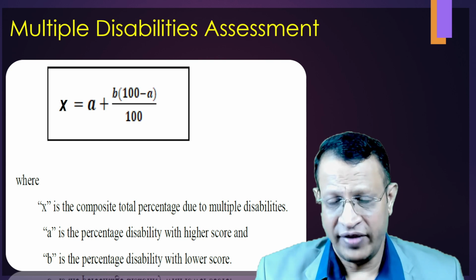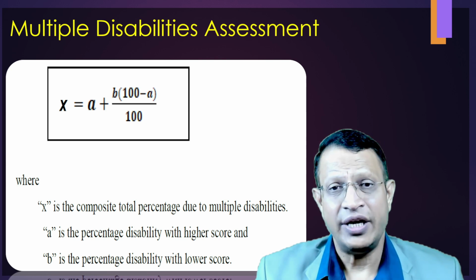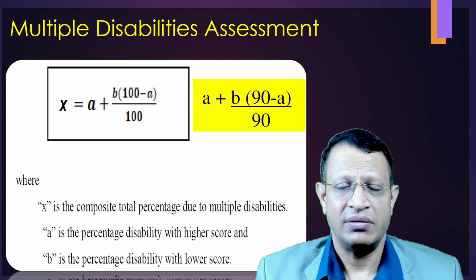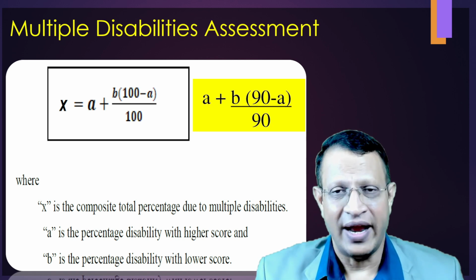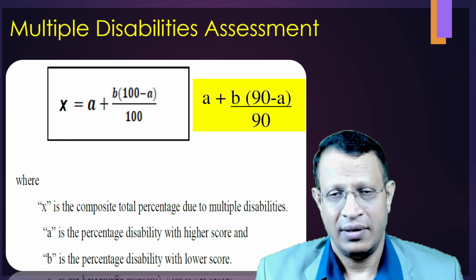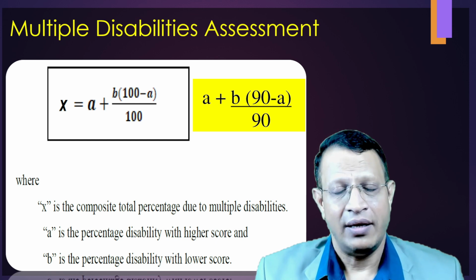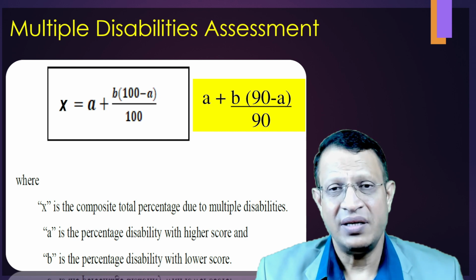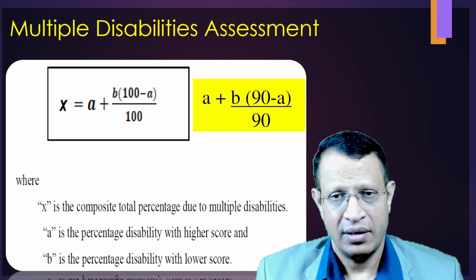This is the Gazette notification of 2024. If you compare with the previous notification, the denominator was 90. In the current notification, it is 100. If it was 90, many patients would have benefited. By considering 100, we are going to decrease the percentage severity by increasing the denominator here.